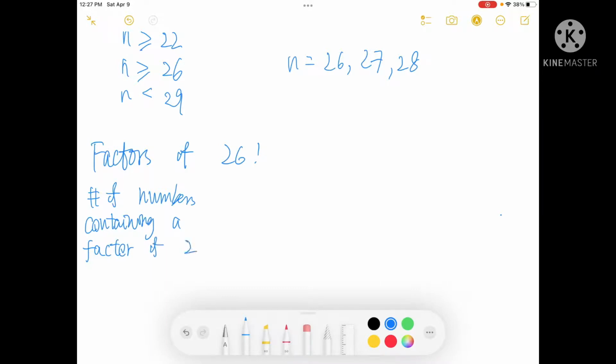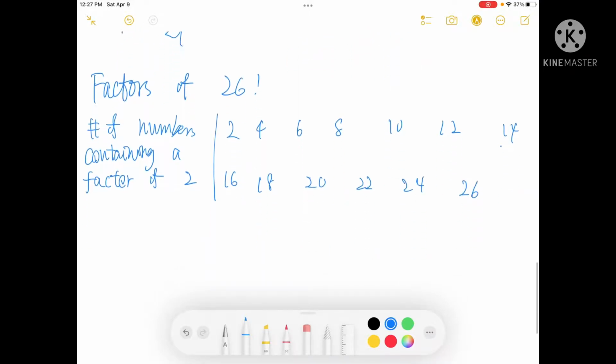Some of them might have more than one, because, for example, 4 is an even number, but it has two factors of 2. So let's just list them out. We have 2, 4, 6, 8, 10, 12, 14, 16, 18, 20, 22, 24, and 26.